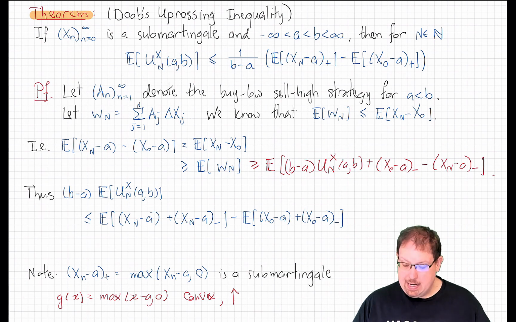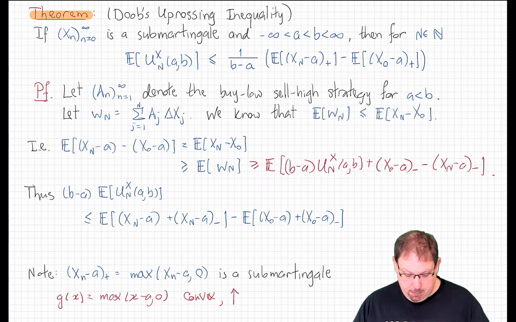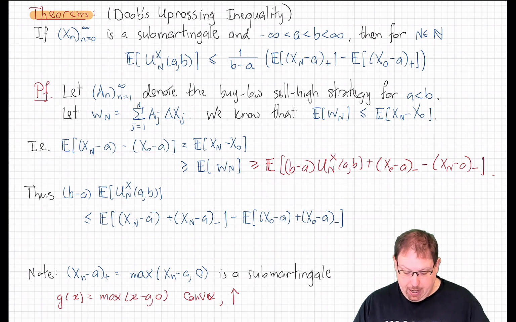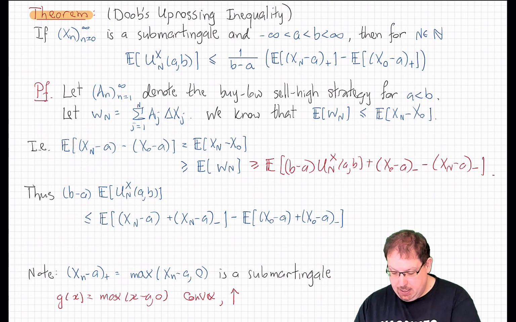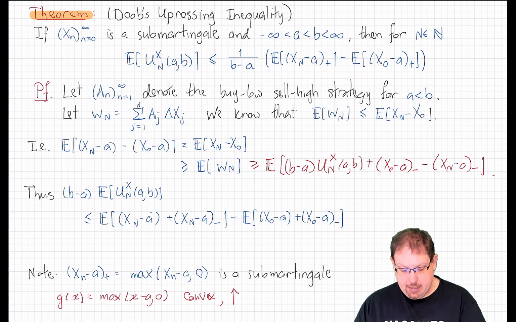And now all we have to do is rearrange that to see that b minus a times the expected number of upcrossings is less than or equal to this minus the expected value of all of that. And when we do that subtraction, we have Xn minus a minus the negative of the negative part of Xn minus a, so that's the sum of those two, minus X0 minus a minus the negative part of X0 minus a, so that's minus the sum of those two.